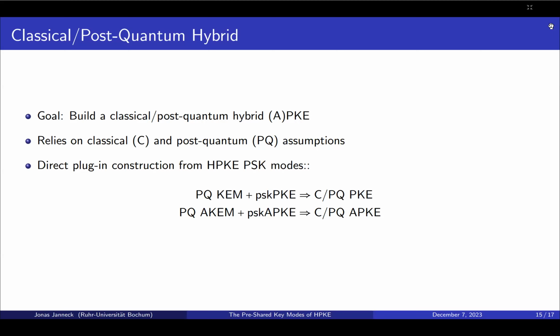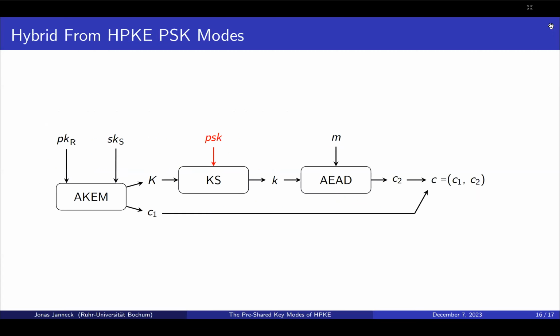To use the PSK mode basically in a plug-in manner to combine a post-quantum CAN, for example, and be able to get such a classical post-quantum hybrid. And this can be done like this.